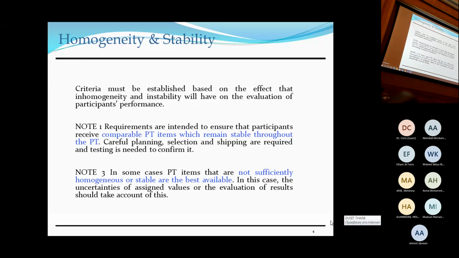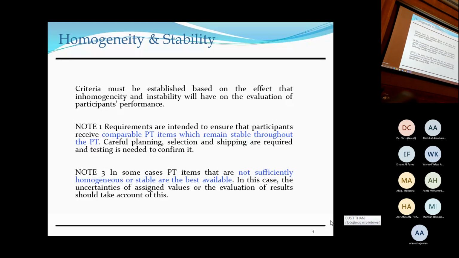So one participant doesn't get samples which are different from another participant. So on the average, they should be the same. So homogeneity is equally important for testing as stability is. For calibration, it's not that important because really we have a device in calibration which is circulated. But homogeneity takes a different turn in calibration, and we'll see why.